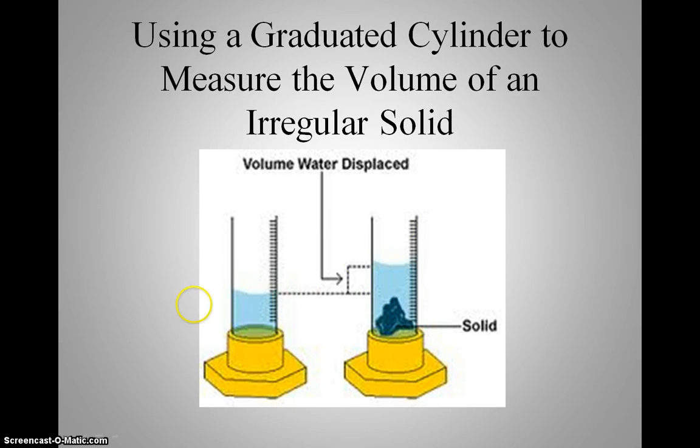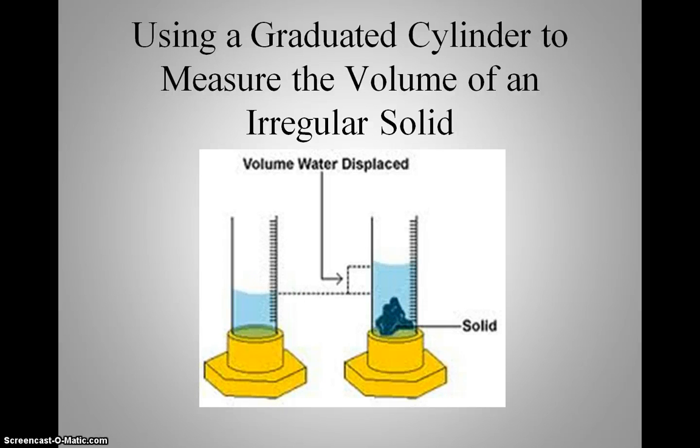Okay, so it would increase the volume that is being measured in here. Now that change in volume right here would be equivalent to the volume of the solid. So just by looking at how much water it displaces, we can determine the volume of an irregularly shaped solid.